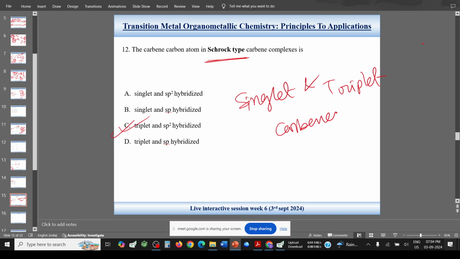What is the electronic configuration, that is, how do these two electrons of this carbene sit? This is carbon having these two electrons, let's say x2. Okay, this is the carbene, right? And it has two electrons. So what is the orientation of singlet and triplet?